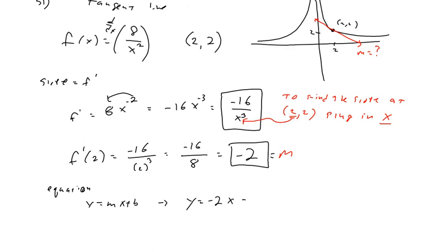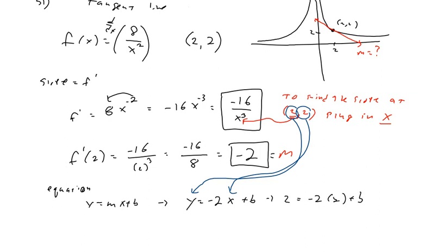I know that x is 2 and y is 2, so I'm going to plug them into the x and y here to find the b. 2 equals negative 2 times 2 plus b. So it's negative 4. 2 equals negative 4 plus b. Add the 4 to both sides. b is 6. So my equation is y equals negative 2x plus 6. That is the equation of the tangent line. I could just say y minus y1. Well, anyway, I don't want to confuse you anymore.